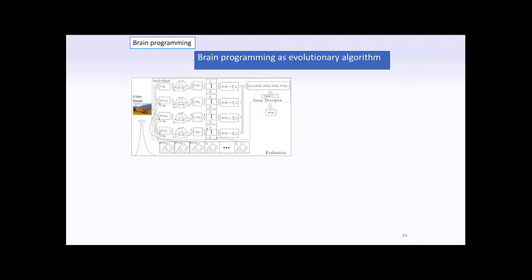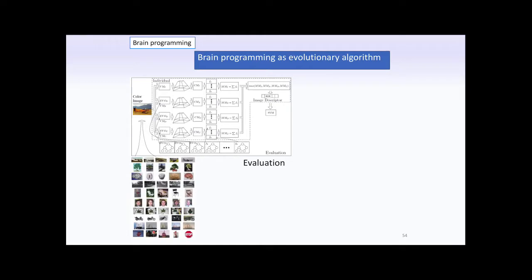So brain programming as an evolutionary algorithm can be seen not as particular programs like in GP, but as programs that are merged, embedded within a more complex program that is hardwired.